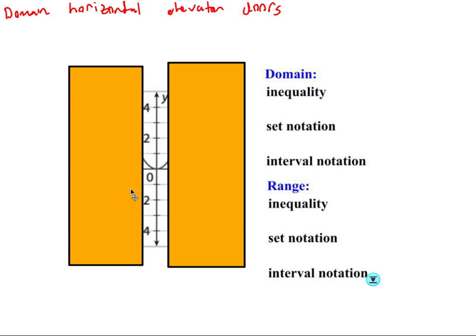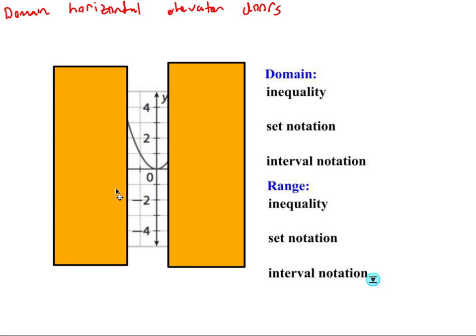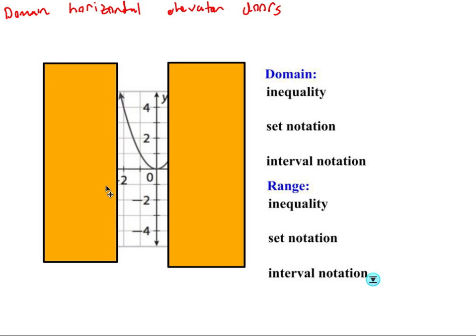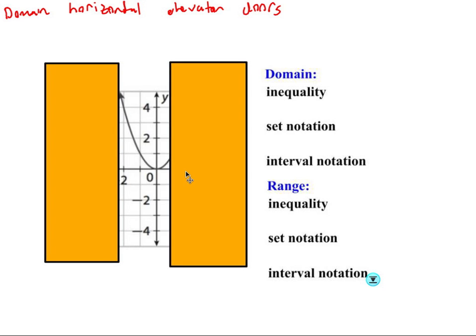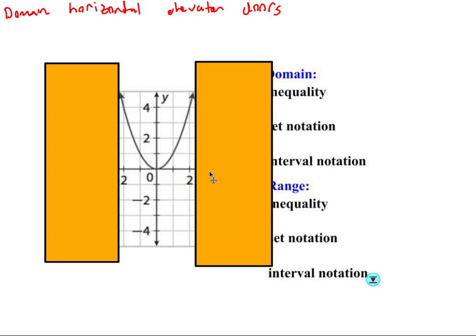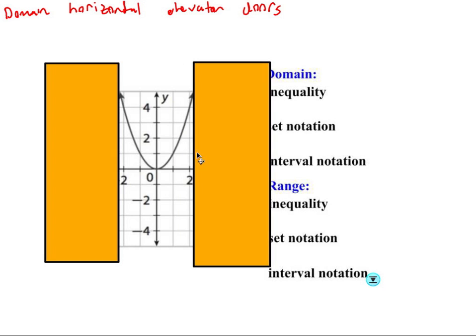Keep on going and going. And you might say, well, okay, I can stop here, and then on the other side, I can stop here, and the graph can go through the elevator doors.